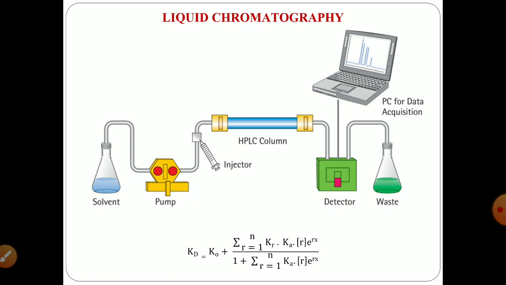A general equation relates the observed retention factor to the pH of the mobile phase, from which you can have the dissociation constant as per the formula on your display, in which K0 is the retention factor of the undissociated species, Kr is the retention factor of the dissociated species, Kar is the product of the first dissociation constant, and N is the ionization constant. The X is related to the pH of the mobile phase, which is equal to 2.303 pH.